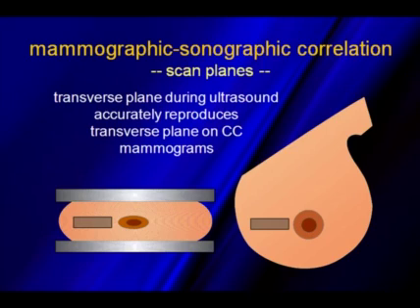The transverse plane of ultrasound is basically the same as what we're going to see on the CC projection of the mammogram. So I used to take patients' film and sort of hold it up underneath my own breast, and I would say, okay, my CC projection looks just like what I'm going to see on ultrasound. If it's on the medial aspect, I know that that's where I'm going to be scanning, is a medial aspect of the breast on ultrasound.